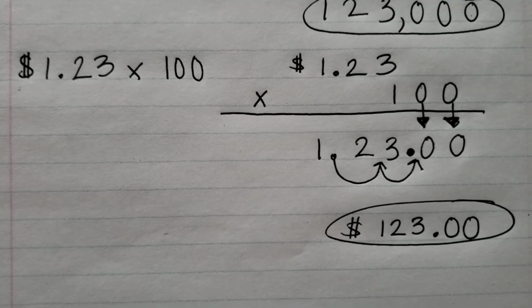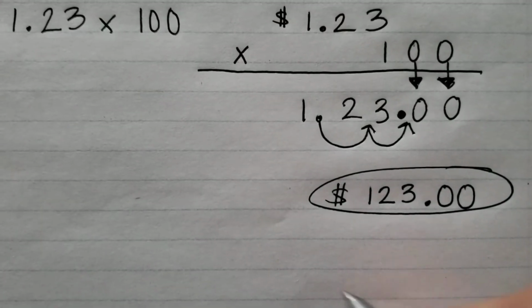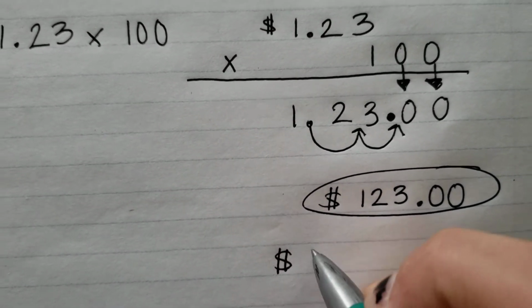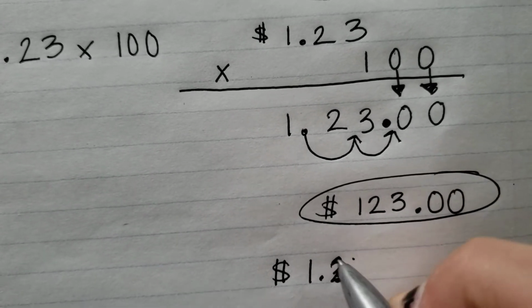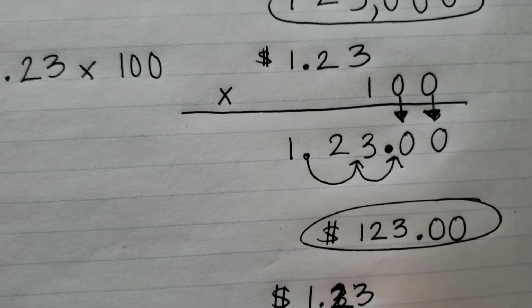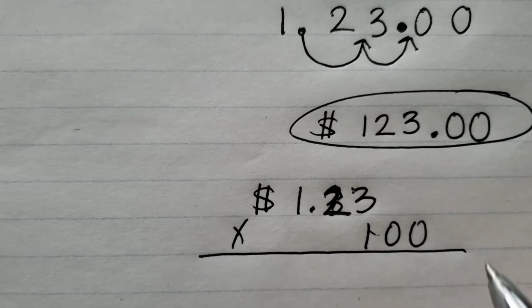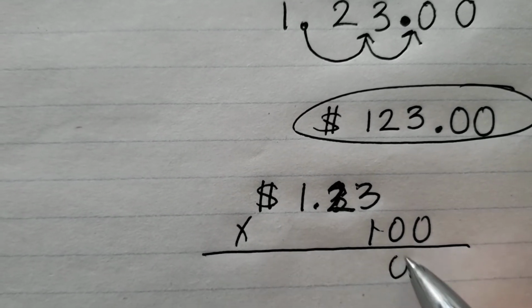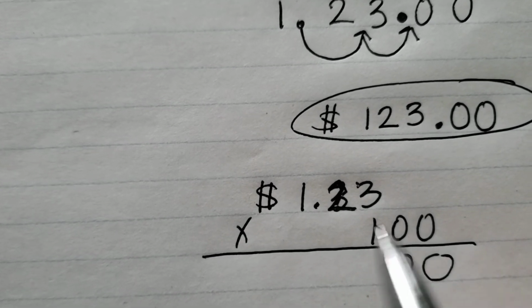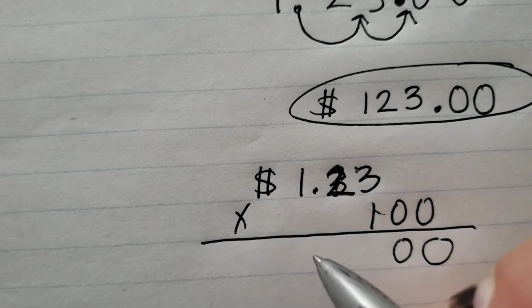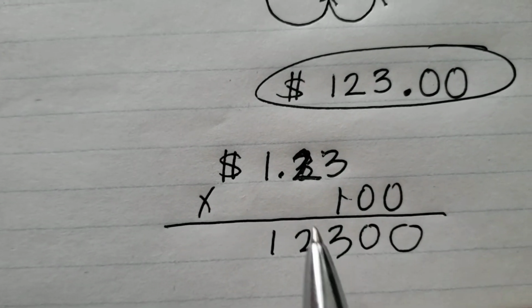Okay. Now there's another way to think about this too. I'm just going to rewrite it actually. $1.23 times 100. Okay. Drop those zeros down. And I'm just going to take 123 times 1, which is 123.